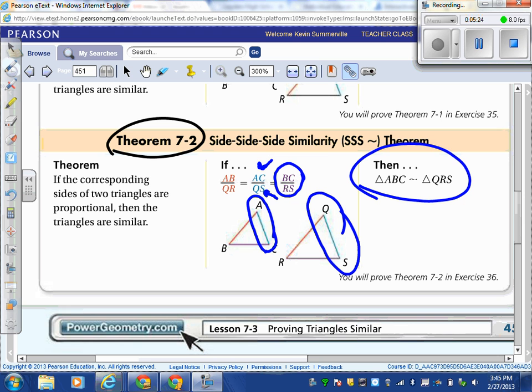Then you can conclude that triangle ABC is similar to triangle QRS.